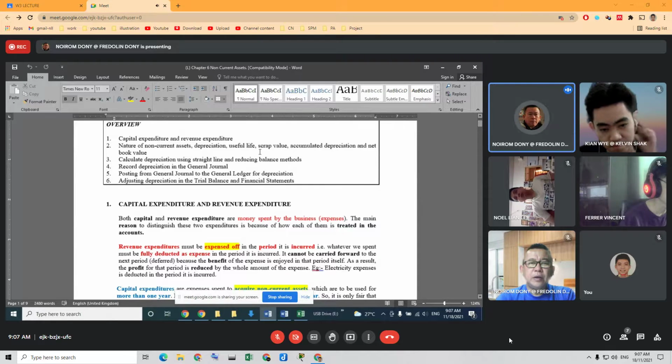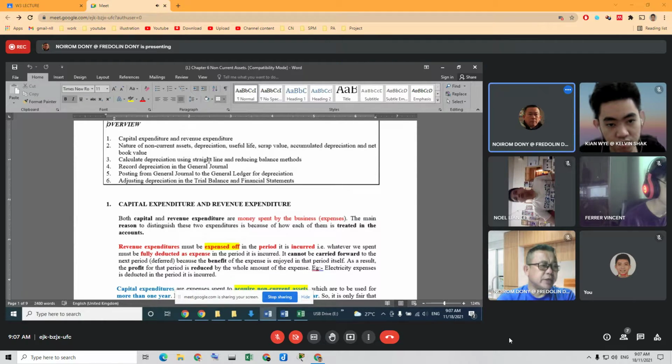And remember the depreciation is reflecting the nature of the non-current asset. It is considered as an expense that is used on the non-current asset. Like what we have learned, this is an expense, so you have a debit. If there is a debit, there must be a credit, isn't it?